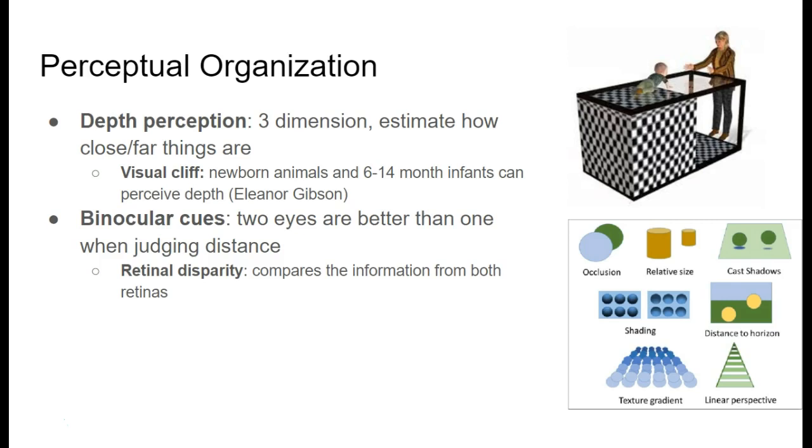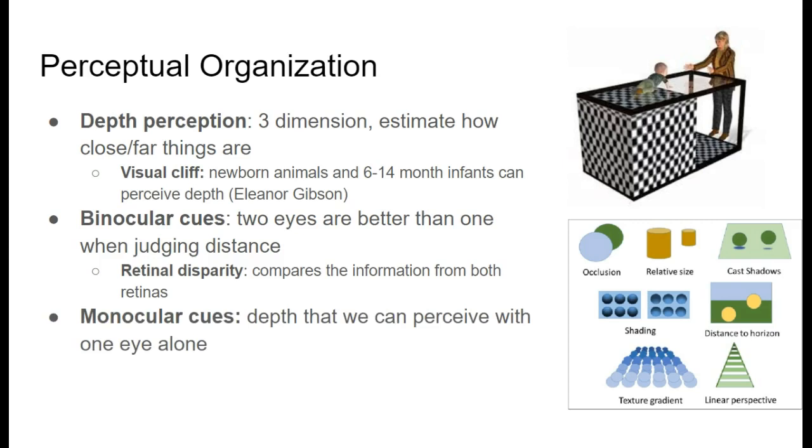And we compare images from both retinas all the time, and it happens consistently. When we see depth where you need two eyes to see it, that is because of retinal disparity, meaning you need retinal disparity in order to see that. So things like 3D movies.